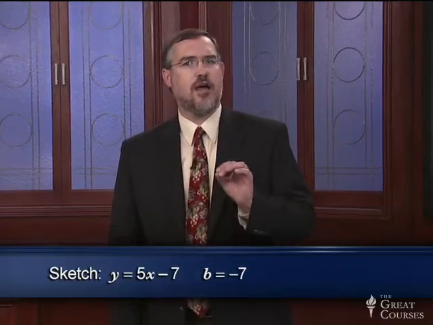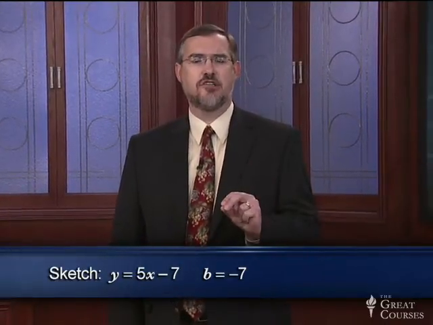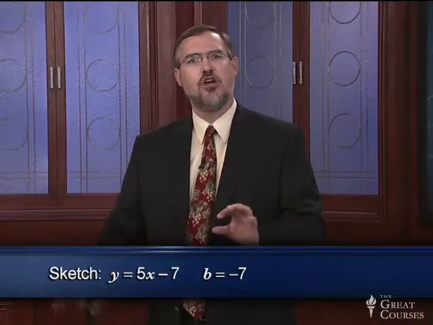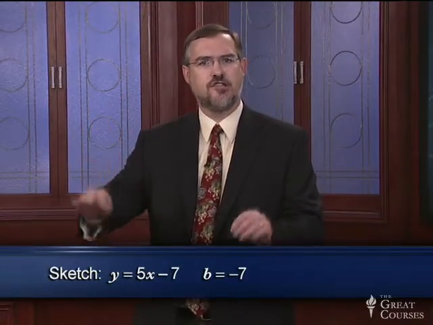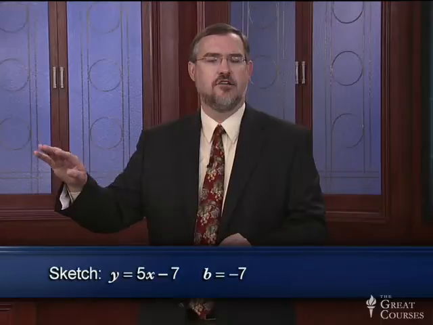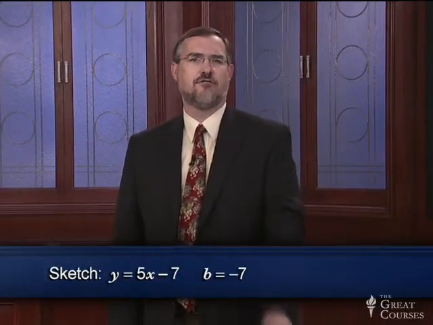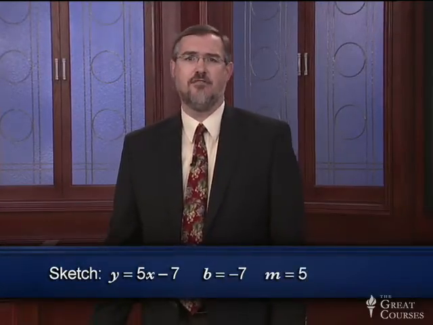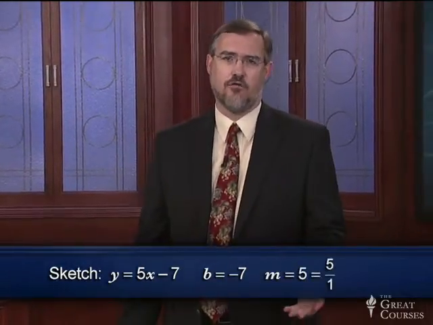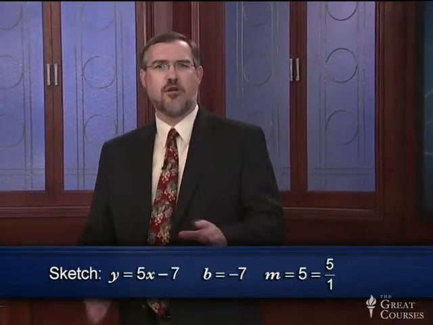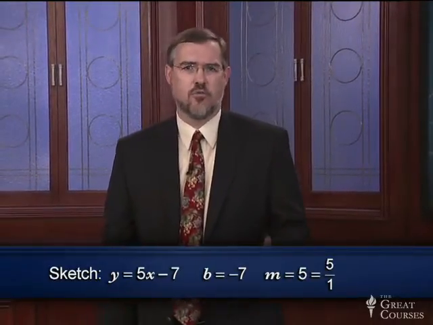Remember, once you have two distinct points that the line passes through, you can simply plot those 2 points and just connect the dots. So what I want to do is now use the slope of the line to find a second point on the line. We know the slope is 5, which is the same as 5 over 1. And that's the ratio that we often call rise over run.